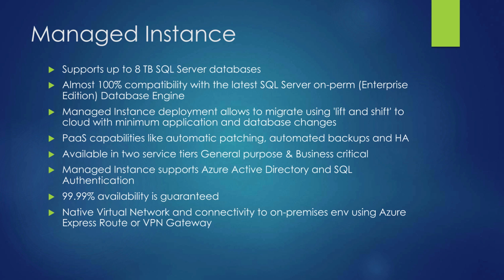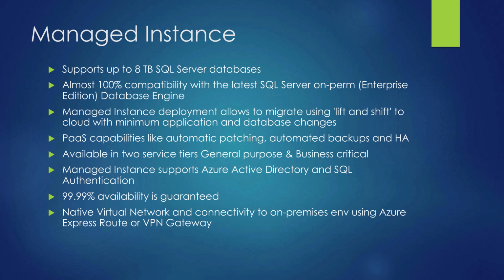Managed instance supports Azure Active Directory and SQL authentication, and Microsoft's availability guarantee for managed instance is 99.99. When you deploy managed instance, a native virtual network is also deployed as part of your deployment.